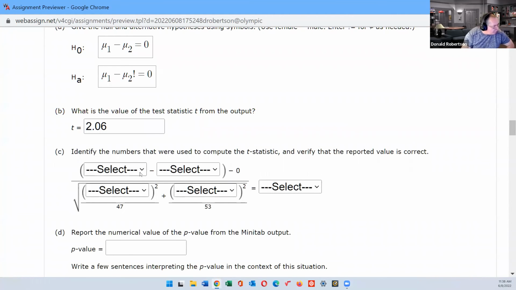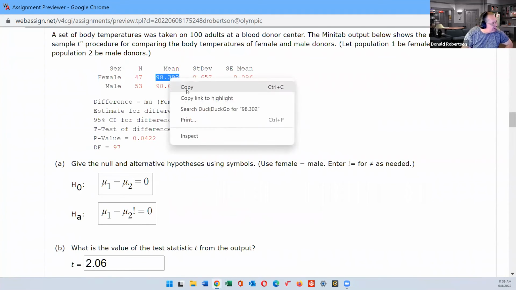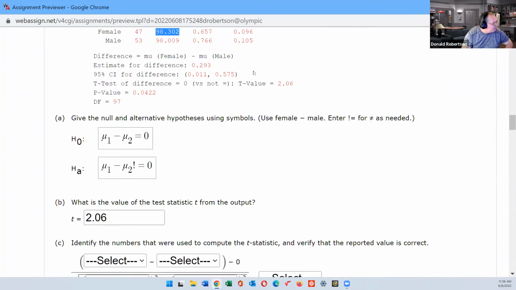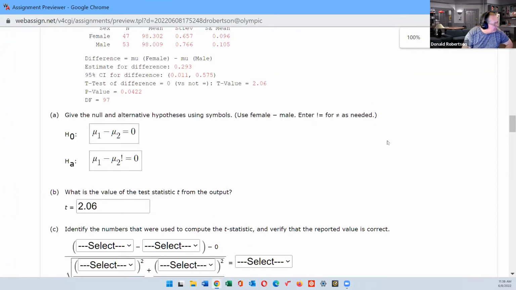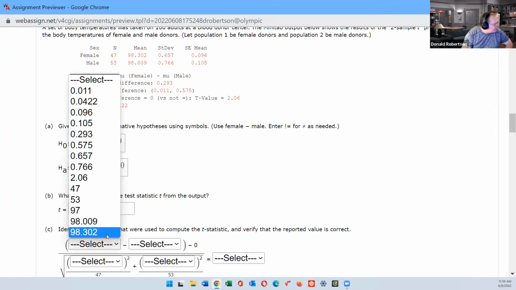Now, shouldn't the top be x1 bar take away x2 bar? So I'll go up here and find x1 bar, which is this fella. I wouldn't need to copy it, I just need to know what it is. 98.3. But I'm going to have to shrink this a little bit so I don't have to keep scanning up and down all the time.